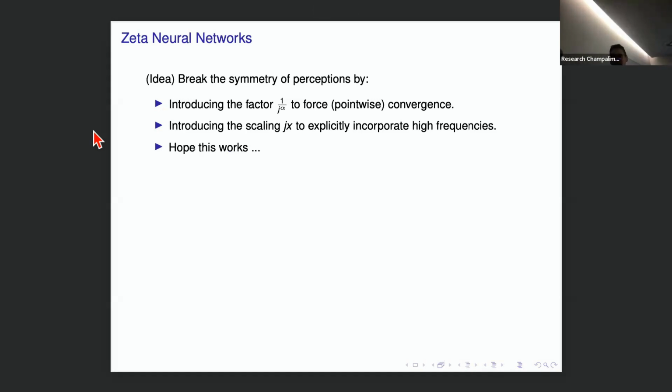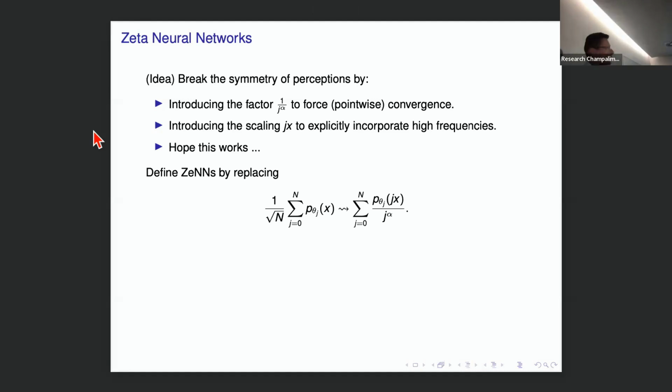And we can prove theorems that show that these problems that I've referred to are fixed. So then the idea is to replace the multilayer perceptrons, which were simply that sum divided by the square root of n, by the sum of the perceptrons rescaled from X to JX, and then divided by J to the alpha. Okay? So that's it.